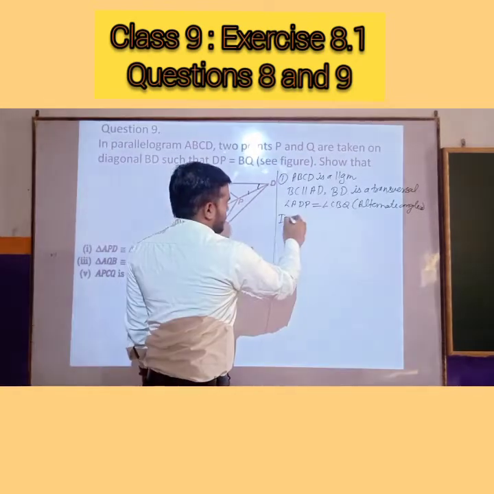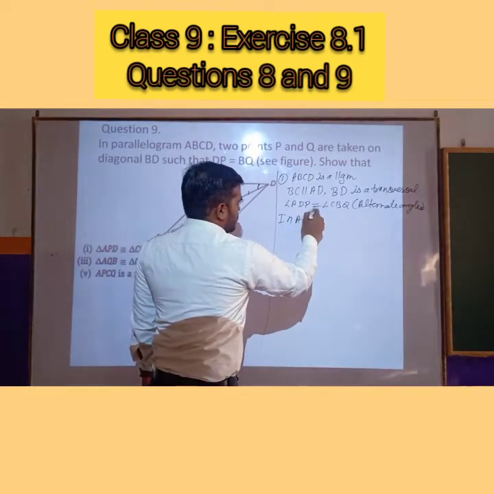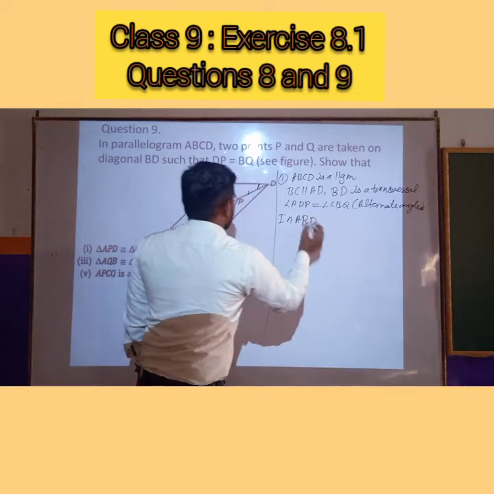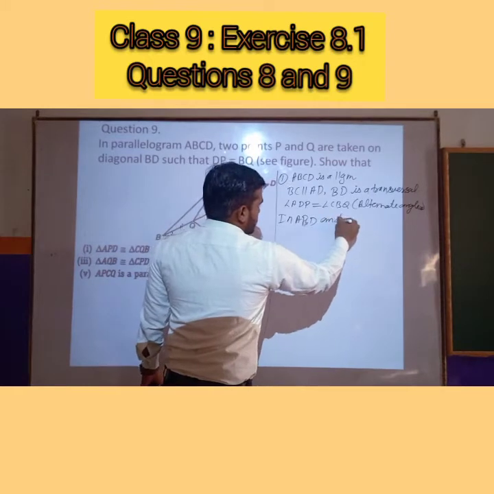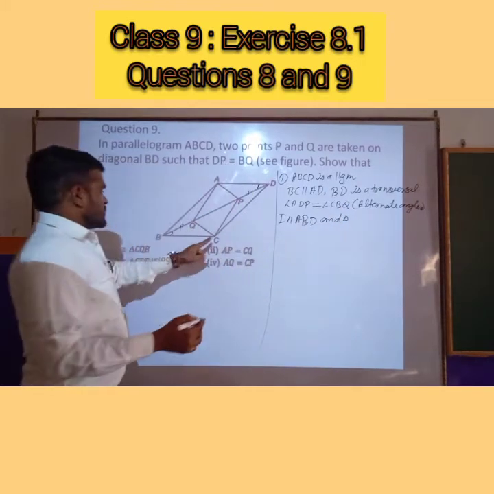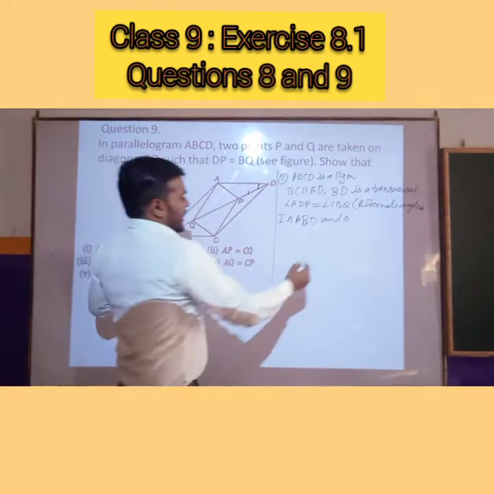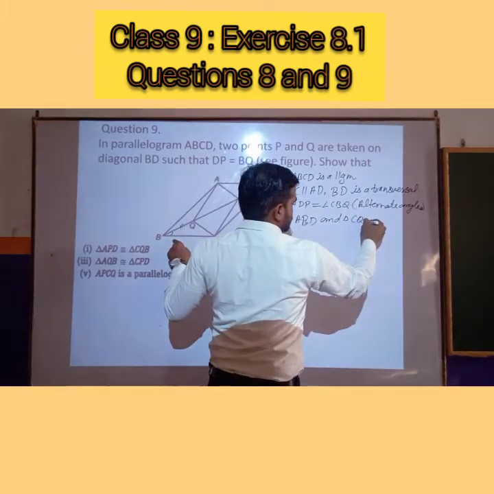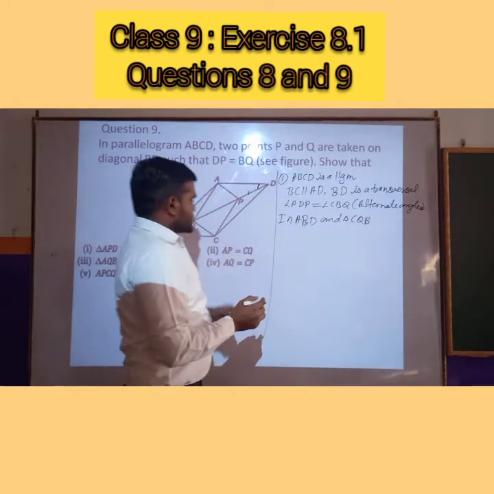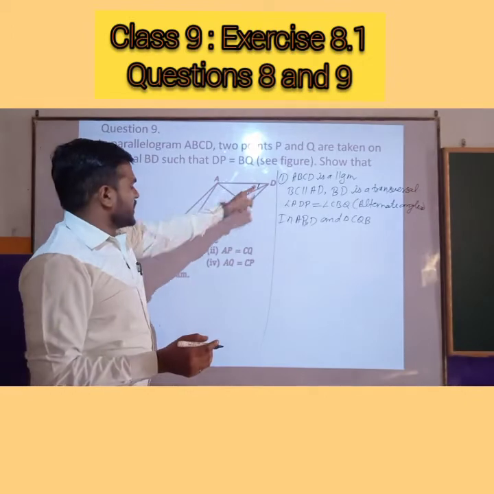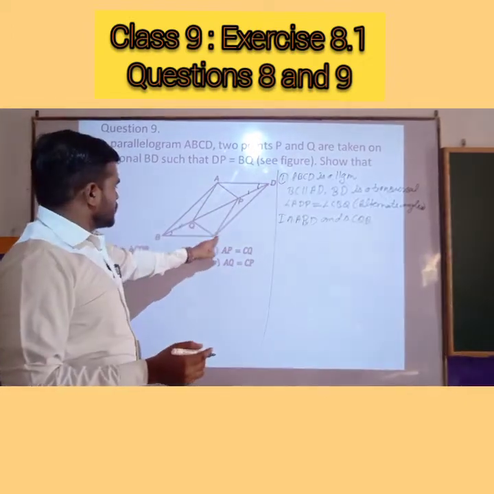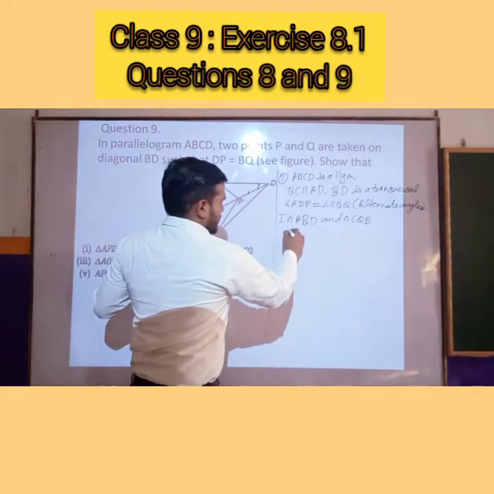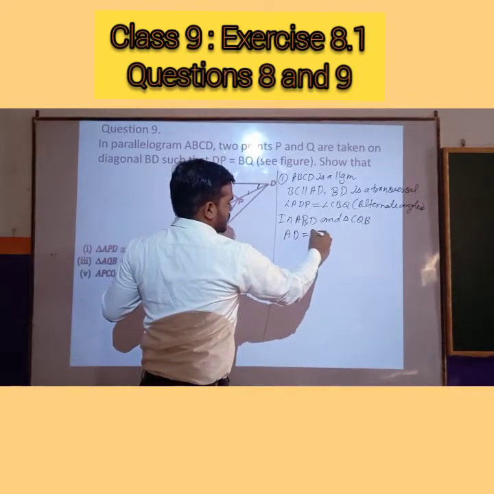So in triangle APD and triangle CQB, AD is equal to CB.